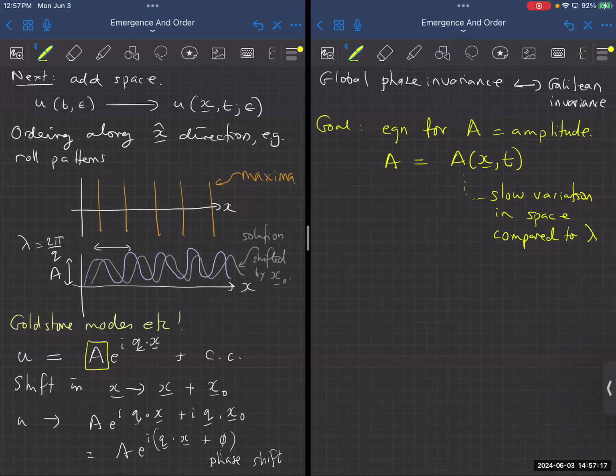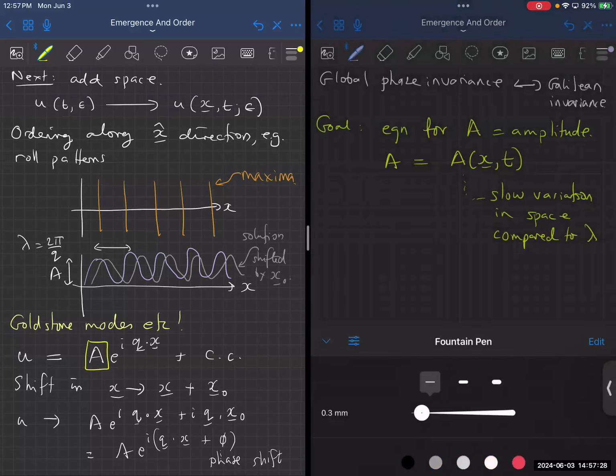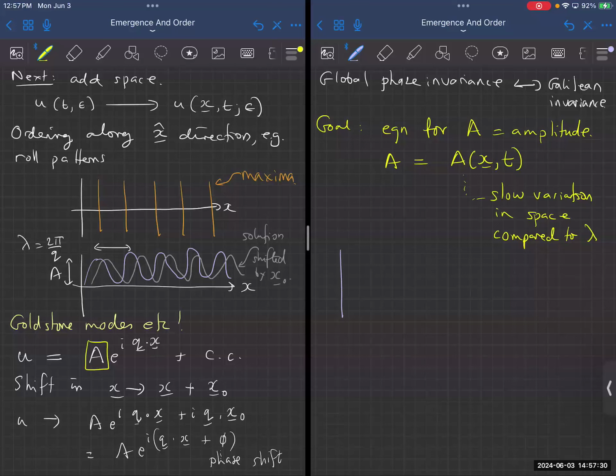There's a scale here, which is this wavelength, but there can also be a scale of variation of the amplitude. So let's just have a look and see what that would look like. So I would see something like this.